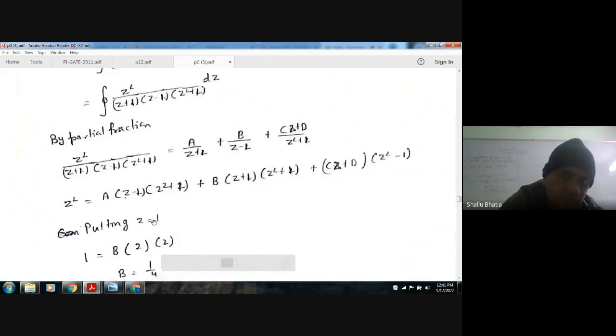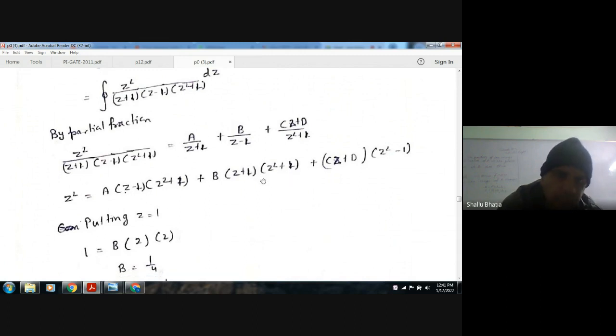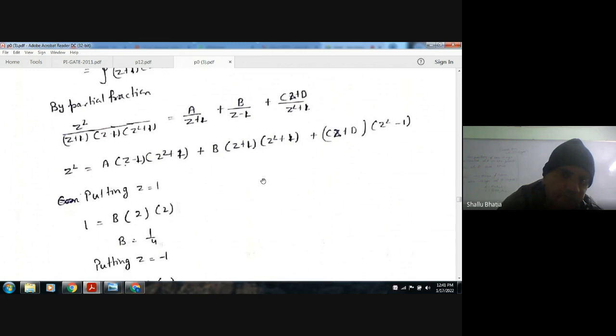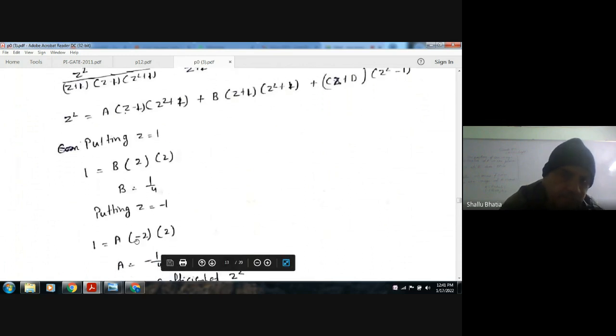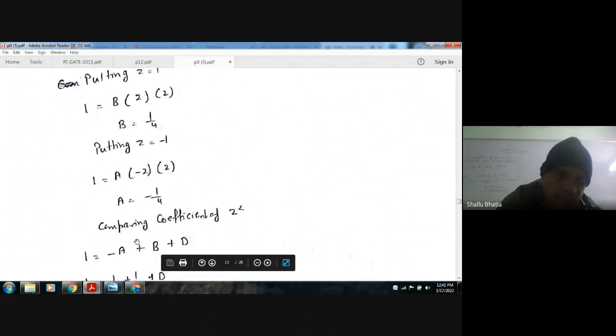First of all, putting z equal to 1, the other terms become 0, so we can get B. B is 1 by (1 plus 1) times (1 plus 1), so B is 1 by 4. Similarly, by putting z equal to minus 1, we can find A, so A is minus 1 by 4.